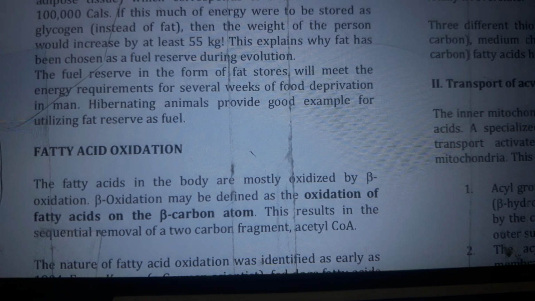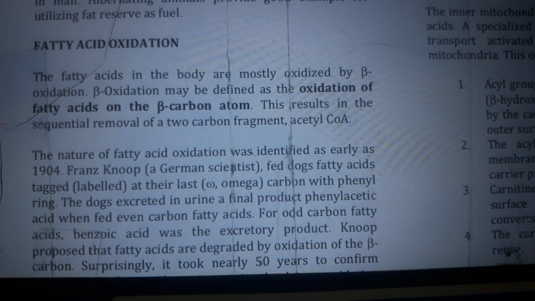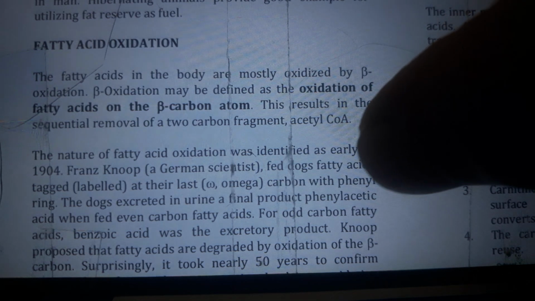If this much energy were to be stored as glycogen instead of fat, then the weight of the person would increase by at least 55 kg. This explains why fat has been chosen as a fuel reserve during evolution. The fuel reserve in the form of fat stores will meet the energy requirements of several weeks of food deprivation. Hibernating animals provide a good example of utilizing fat as fuel.